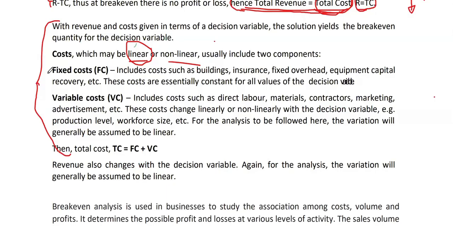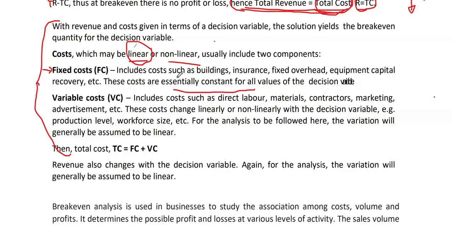We could look at fixed costs that way: regardless of changes in the level of production, fixed costs do not vary directly with changes in levels of production. So production levels may be changing, but your fixed costs remain the same.